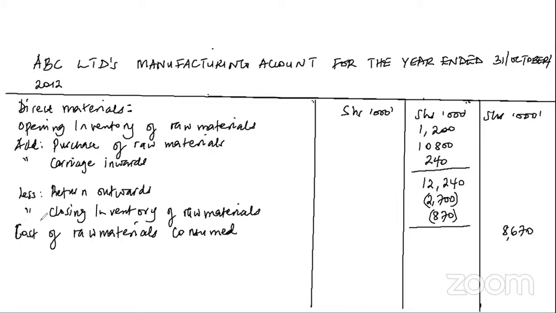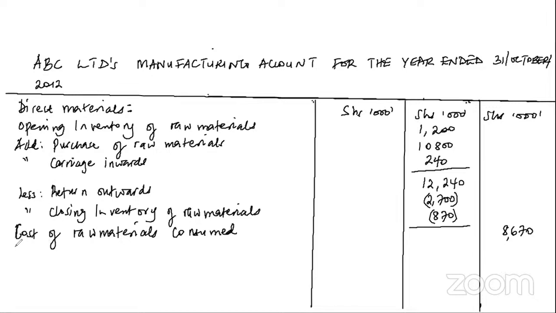So factory wages is a direct cost, because these are directly attributed to the production of goods or services. Remember, direct costs are those expenses that can be traced directly to a specific product or service. A factory wage is always paid to workers who are involved in the production process, so this is considered a direct cost, because we can directly relate it to the production of goods.